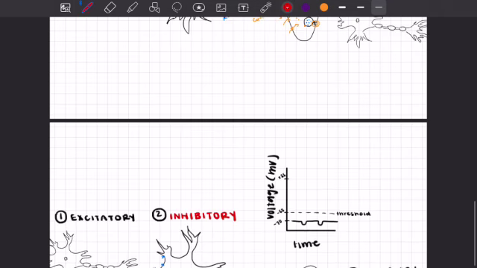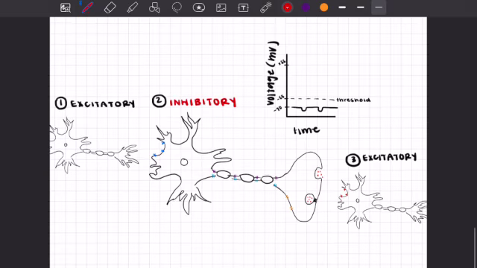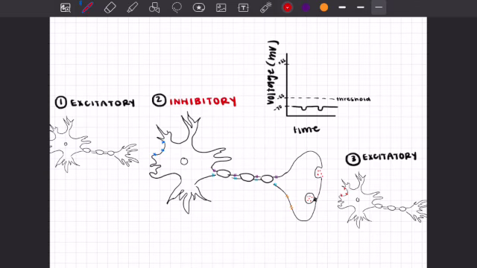In our second example, we have an inhibitory circuit where cell number 1 is still excitatory, so it still releases the glutamate, and it still binds to the AMPA receptors, causing the voltage-gated sodium channels to open, and the action potential occurs and moves down.